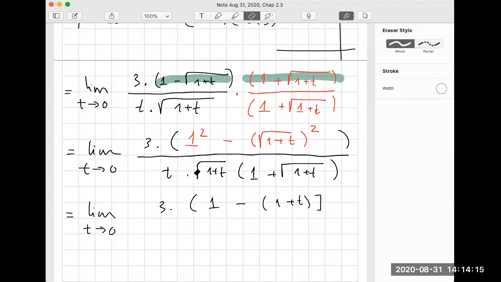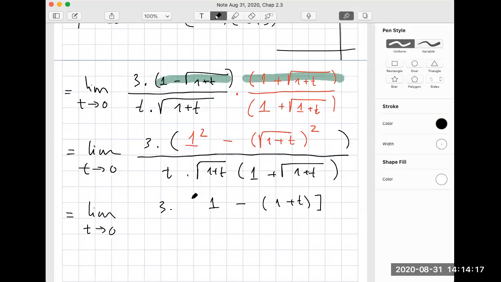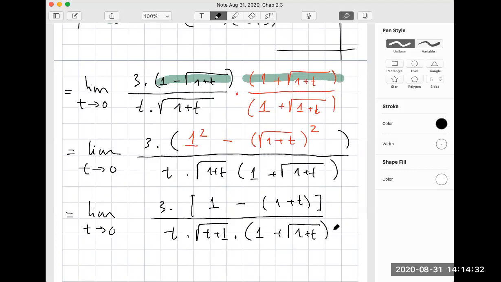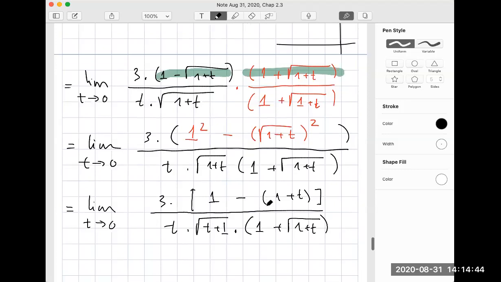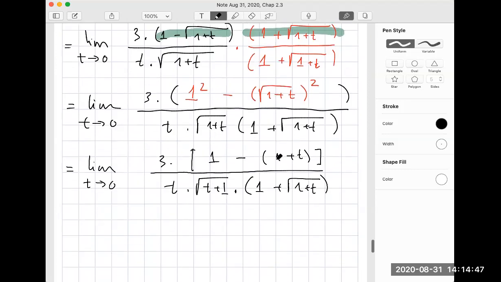You should be very careful at this point. One plus t and t plus 1 is the same thing. So look at this. This is the negative sign in front of the parentheses. When you remove the parentheses, remember to change the sign of everything inside the parentheses.